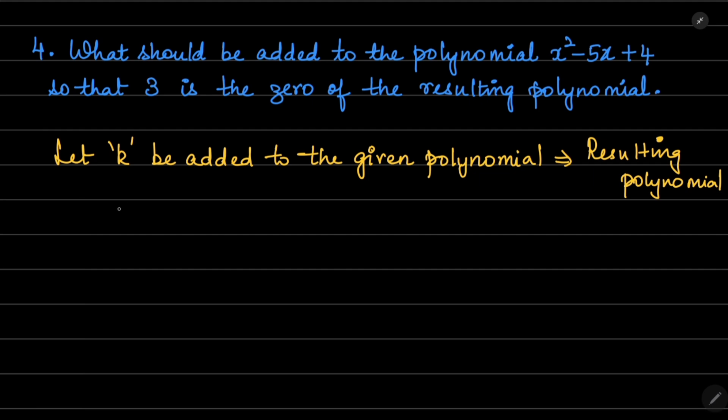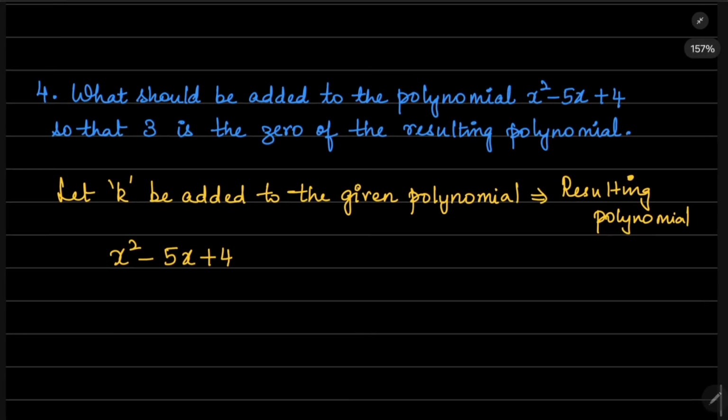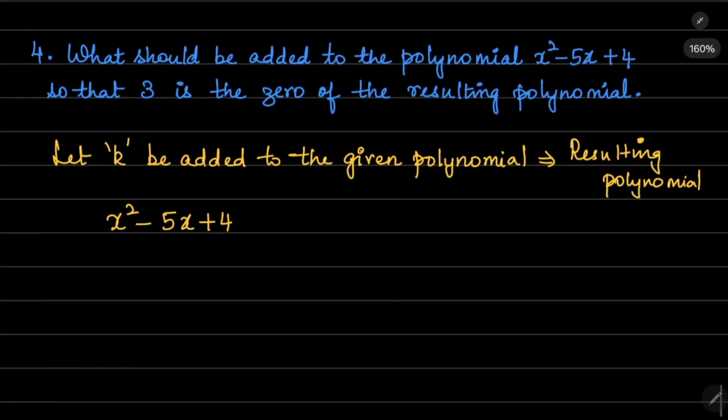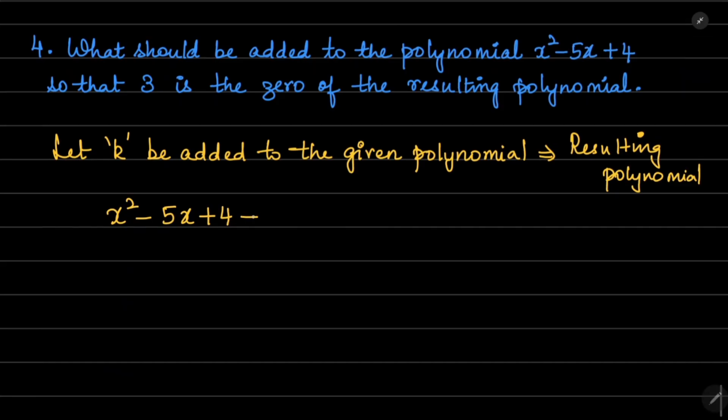So, x square minus 5x plus 4 is your given polynomial. Along with the given polynomial, you will have to add a value k. So, plus k is your resulting polynomial. Let p dash of x be your resulting polynomial. Okay. Now, what is given is what should be added to this particular polynomial so that 3 is the zero.